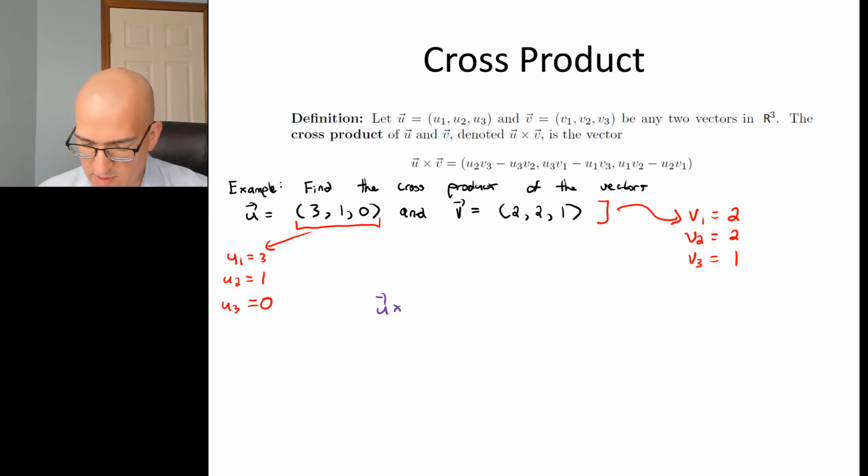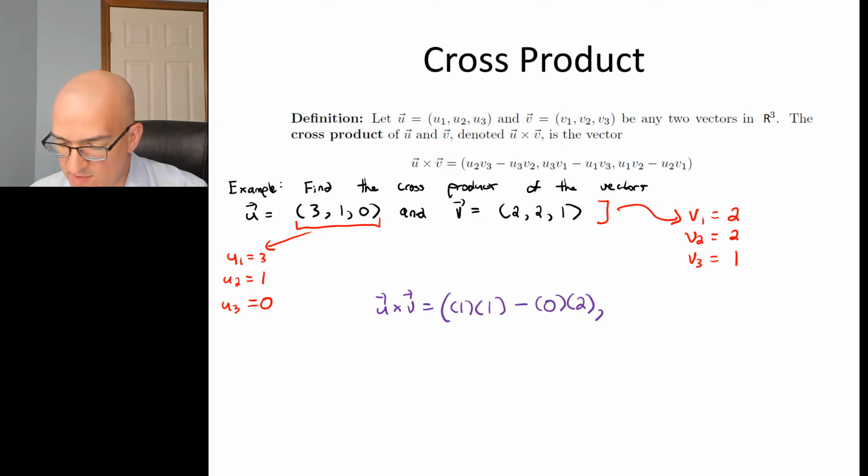So u cross v is going to be u2 times v3. So u2 is 1, v3 is 1, minus u3, so 0, times v2, which is 2. So that's our first component. Now, comma, second component, we have u3 v1. So u3 is 0, and v1 is 2, minus u1 v3, so 3 times 1, comma.